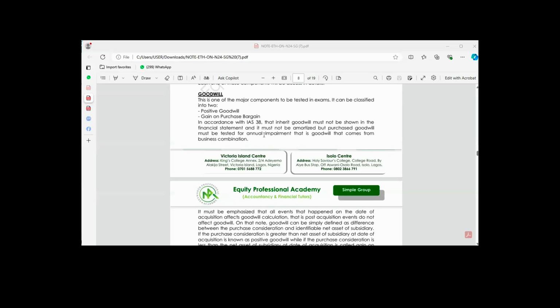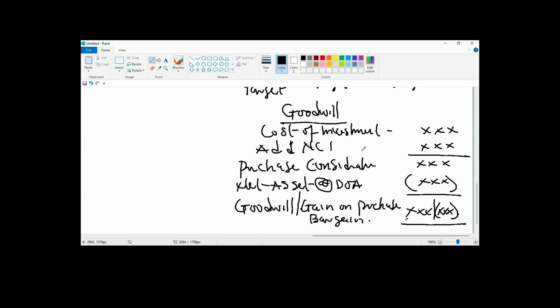Let me demonstrate. What is purchase consideration here? Cost of investment. Let's say it's 10. I add NCI 2 to give me 12, purchase consideration. Then the net asset is 8.